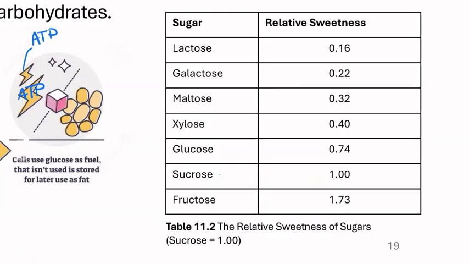Notice that lactose, which is a disaccharide, is less sweet than sucrose, which is table sugar. And fructose, as we've mentioned before, is actually sweeter than even table sugar.